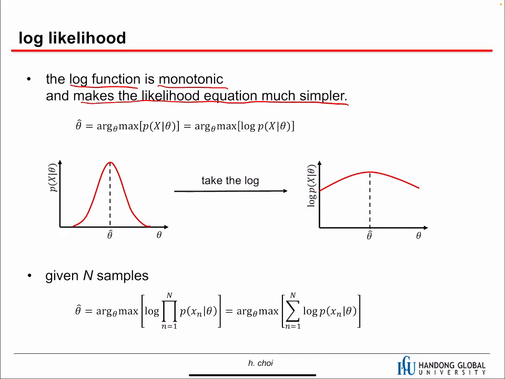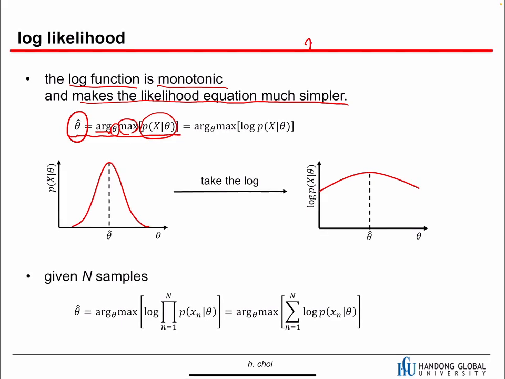Okay, so originally this is what we do for the maximum likelihood. So this is likelihood, and we want to maximize by changing the parameter theta, and that is theta hat. You know the difference between the max and the arg max.